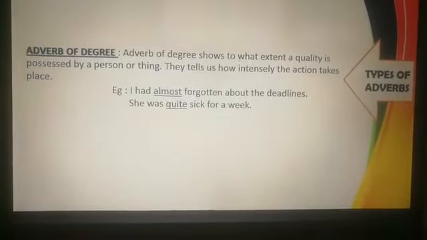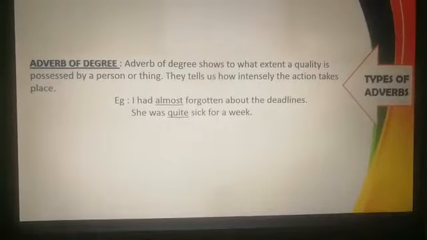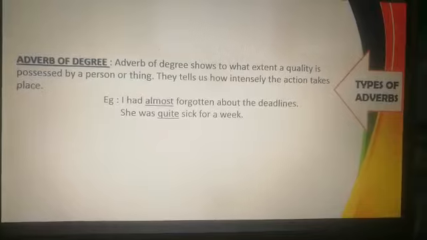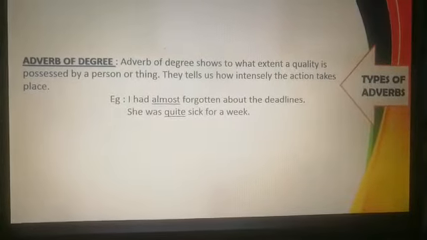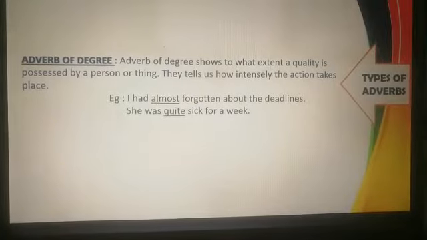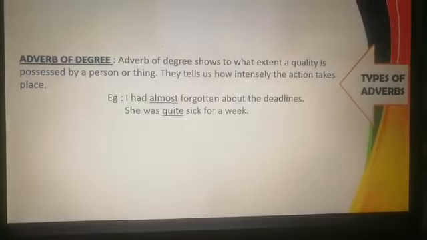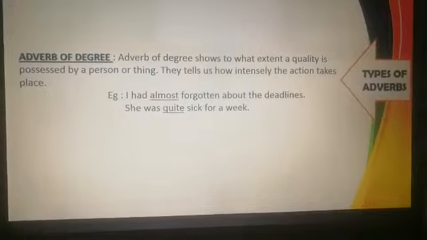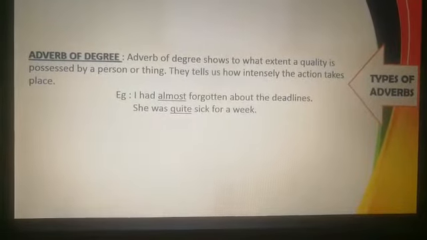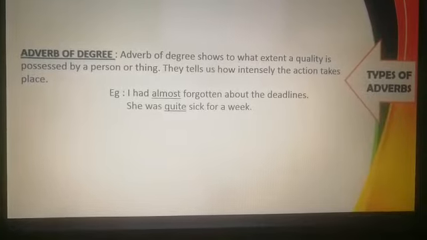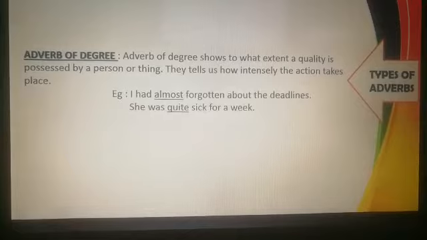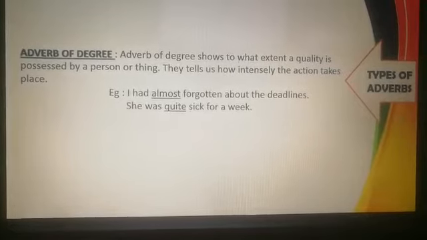Adverb of degree shows to what extent a quality is possessed by a person or thing. They tell us how intensely the action takes place. So adverb of degree tells us the degree or extent of an action, and answers the question how much or in what degree or to what extent.